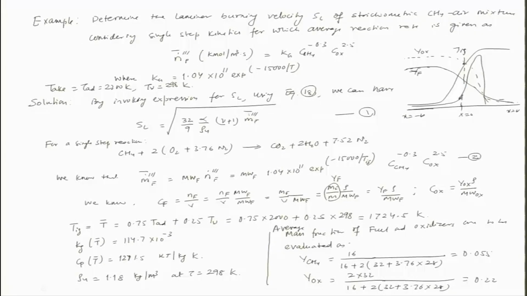So, the average mass fractions of fuel and oxidizer are evaluated as Y CH4 equal to 0.055 plus 0 at the product side, at x equal to infinity, divided by 2.